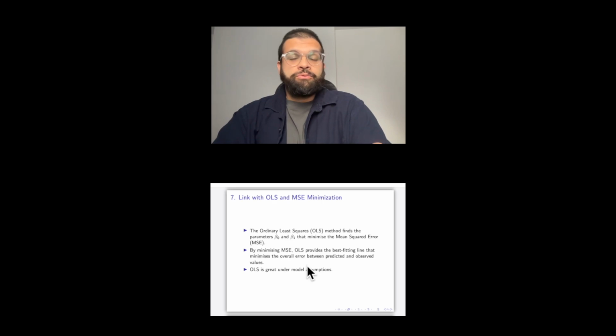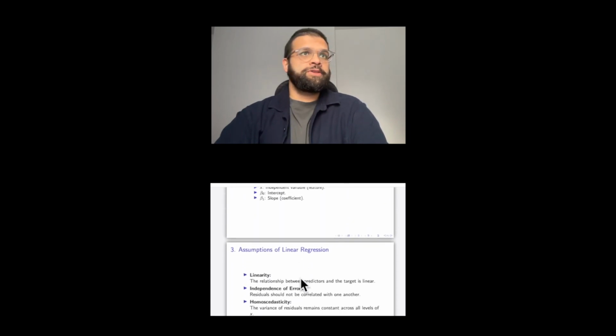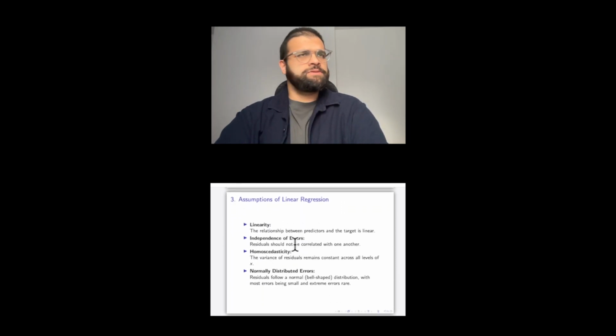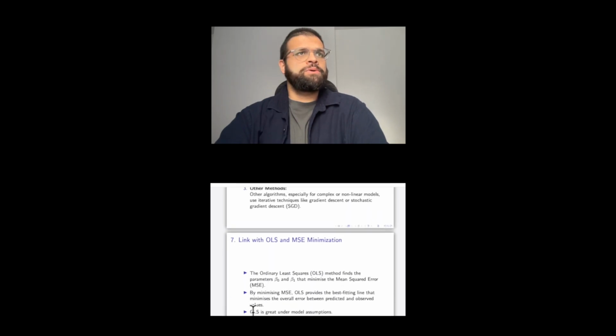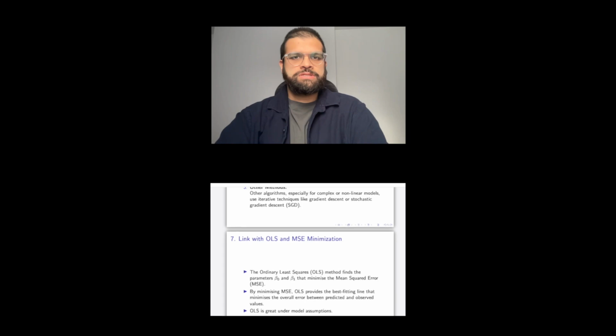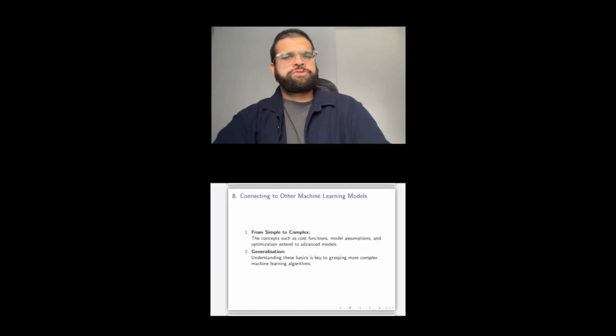One thing that's really good about linear regression is that we use a bunch of assumptions, which we talked about here. OLS works really well under these assumptions as well, so that's very nice. We want to keep that in mind. So if you change your cost function, just keep in mind whether you can still use OLS or not, or even if it's the best one. Sorry, my video cut off.